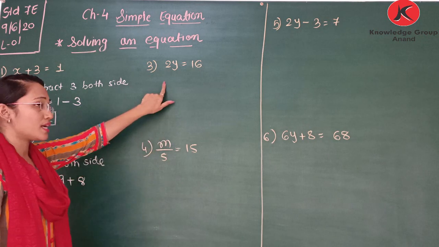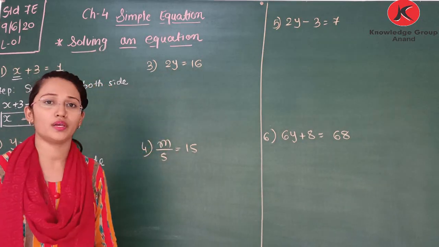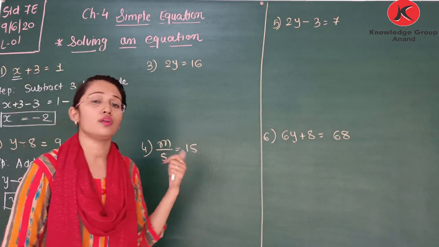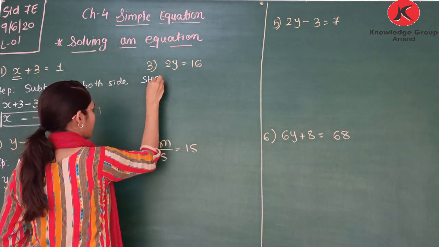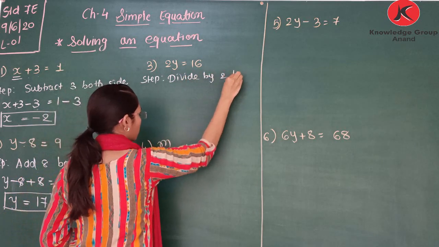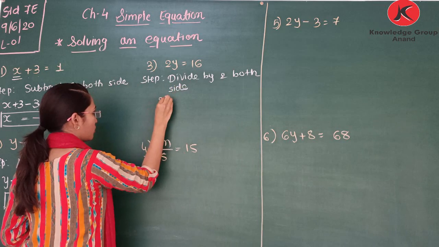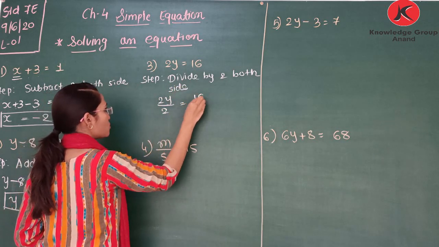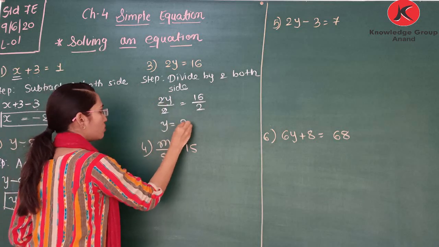Now example 3. You can see 2y is equal to 16. 2 is in multiplication. To remove 2, we need to divide by 2. So what will be the step? Divide by 2 both sides. So it becomes 2y by 2 is equal to 16 by 2. 2 cancels, so y is equal to 8.